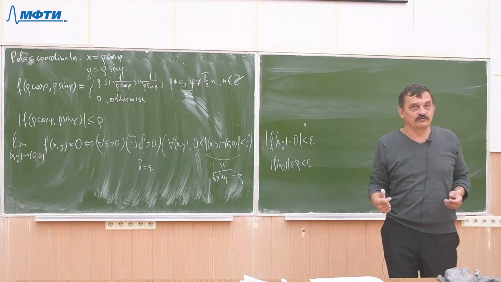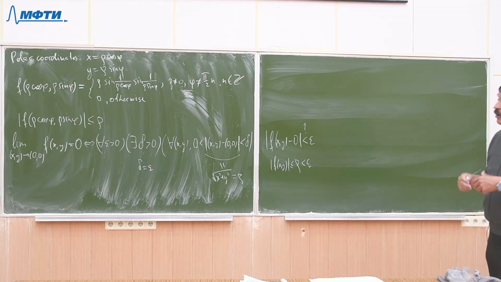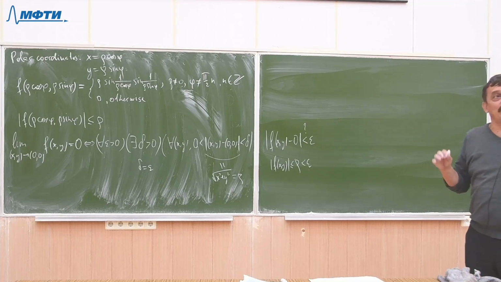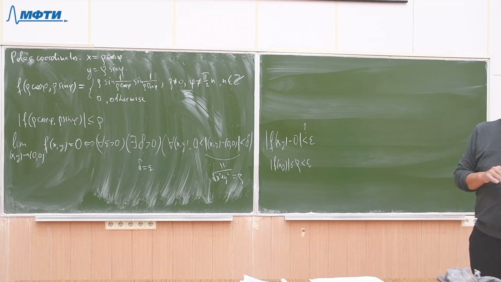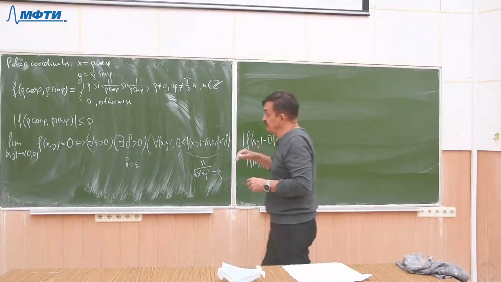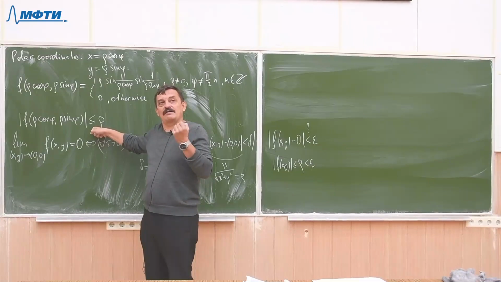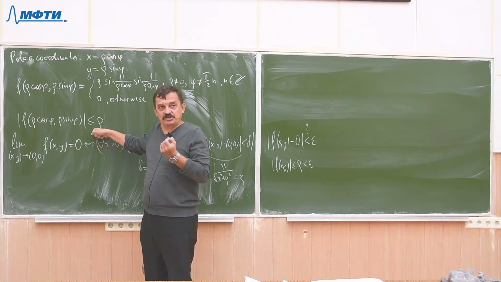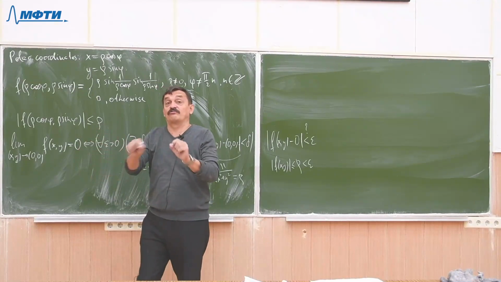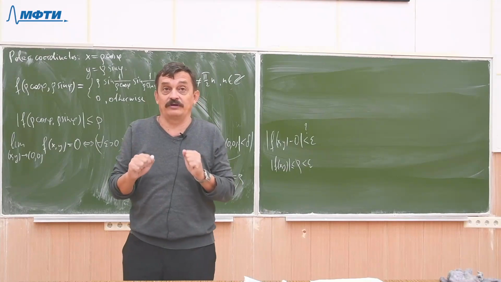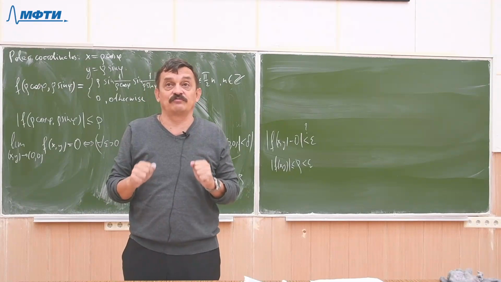So we have proved it. And also it indicates a practical way to prove limits of functions of two variables if you have some problems, right? So what you should do is estimate somehow by a function of rho without phi. That's the point. No dependence on phi.